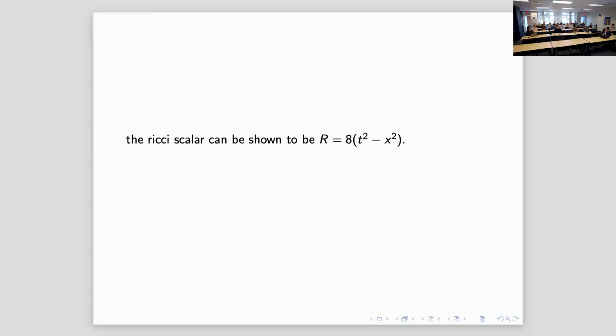So how do we know it's Heraclitus? Well, here's the little argument for that. The first step is to do a computation. You want to show that the Ricci scalar R can be expressed like this. So it's proportional to the Minkowskian distance from the origin. Not the Euclidean distance, but the Minkowskian distance.